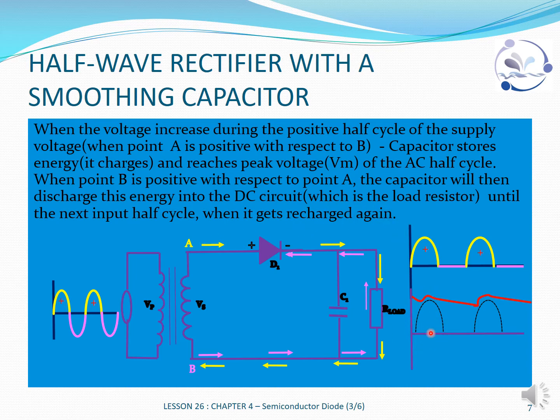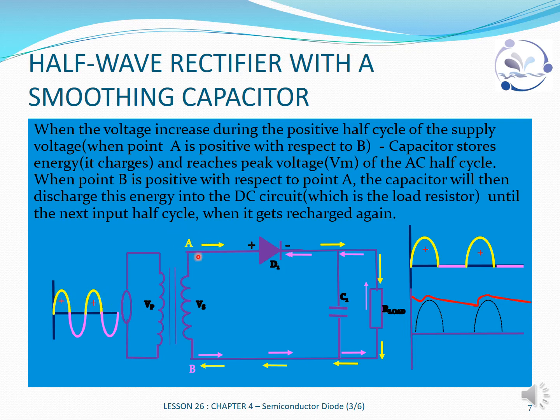So now let's look at the operation looking at this waveform, whereby when the capacitor charges, it will charge until maximum. Because when B is positive with respect to A, our diode will not conduct. During that time, that's where we will have our capacitor discharging until the next half cycle starts.